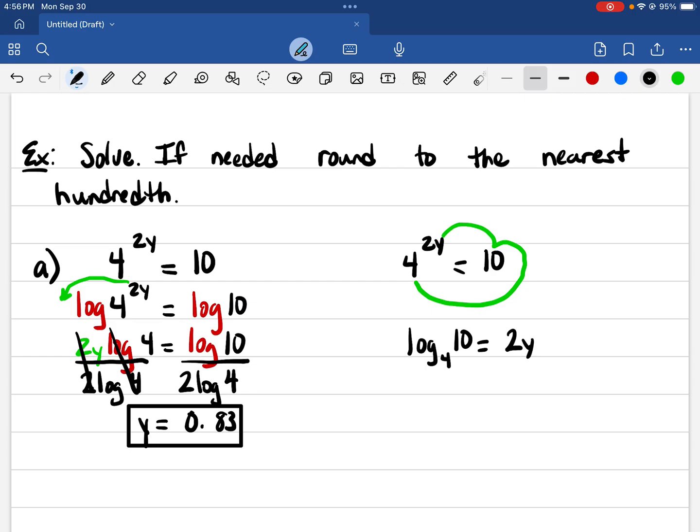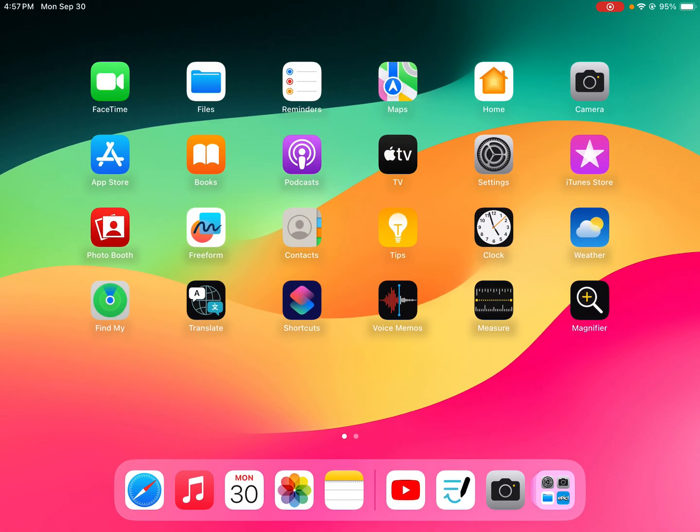Again, our goal is to get that y by itself. So we want to get rid of that 2 by dividing by 2. And we can go to Desmos and type in log base 4 of 10 divided by 2, and we should come up with the same answer that we had for the previous one.